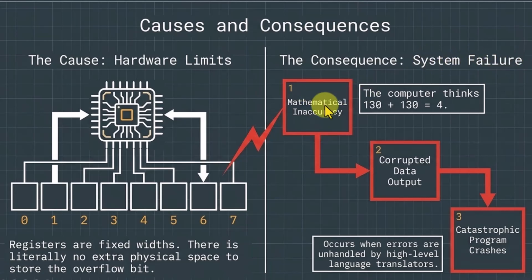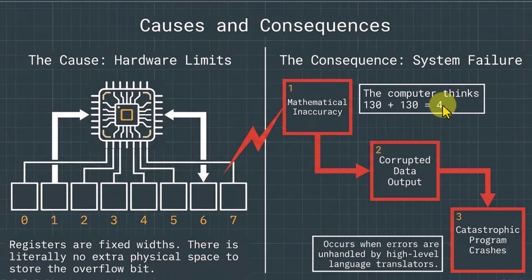And the consequence will be a system failure. First of all, mathematical inaccuracy. For example, if you add 130 plus 130, that will be 260, and 260 is higher than 127, which was our upper bound. So the computer will show that as 4.